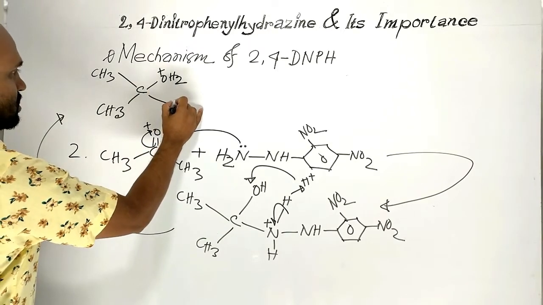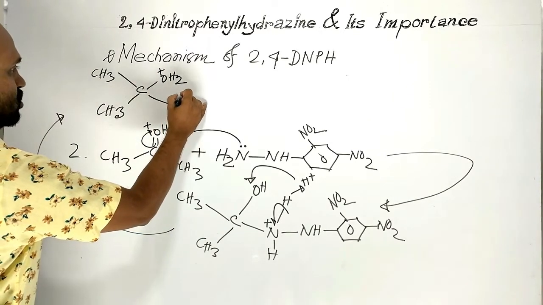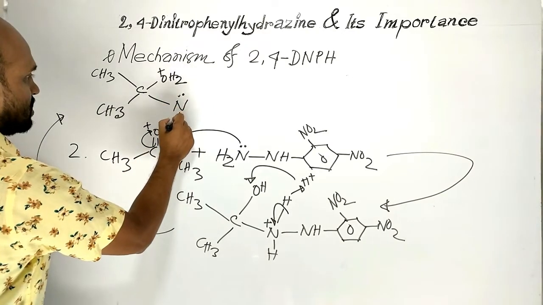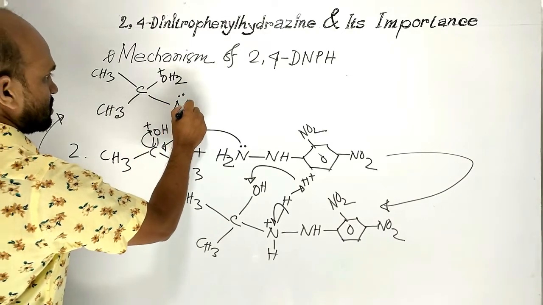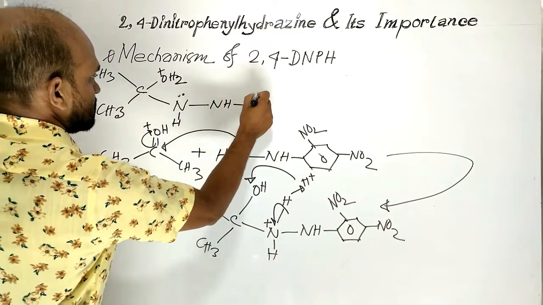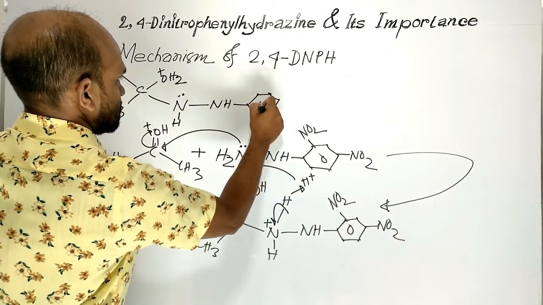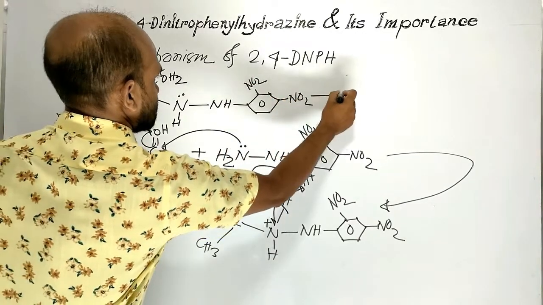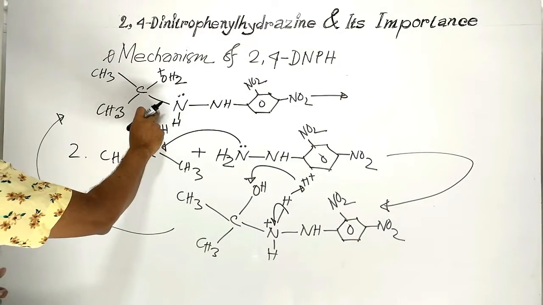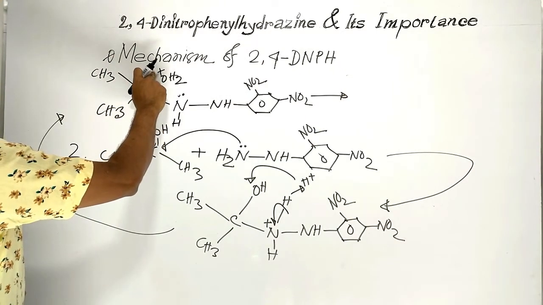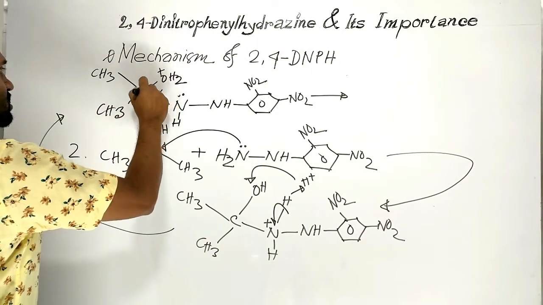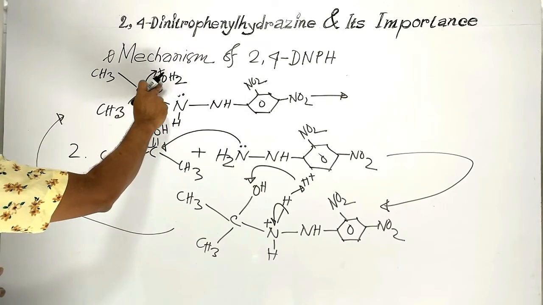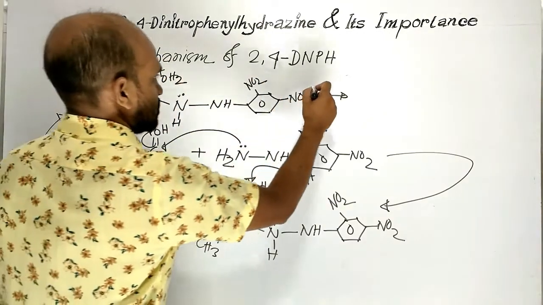Here nitrogen lone pair appears again, here hydrogen, then NH, now because of this positive charge from this ion, here heterolytic fission occurs and water is removed.